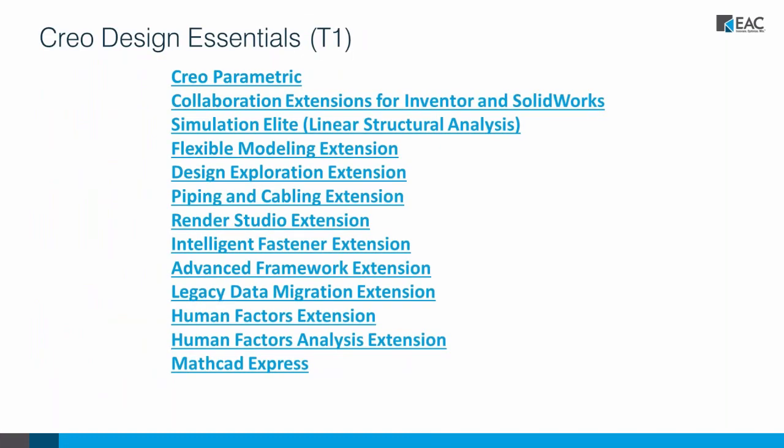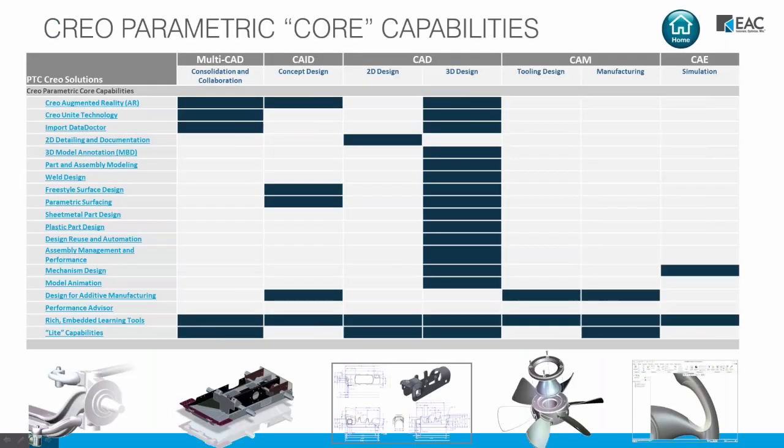So Tier 1 has regular Creo Parametric, and then some other things added to it as well. So if we take a look at Creo Parametric, that's defined with these base modules inside of it, right? And this is the stuff that we've grown up with. So we have augmented reality for creating an augmented reality experience.